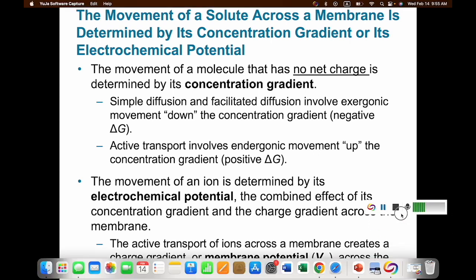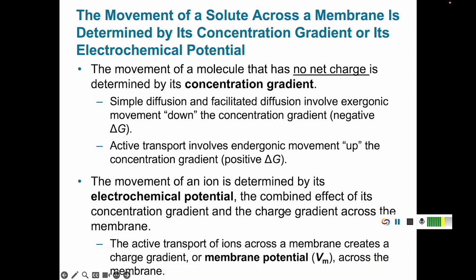So the active transport of ions across the membrane is going to create a charge gradient, or a membrane potential, across the membrane. That's the VM. That tells you how likely it is for an ion to move without even factoring in that concentration yet, just because it has that charge that is going to affect its movement.